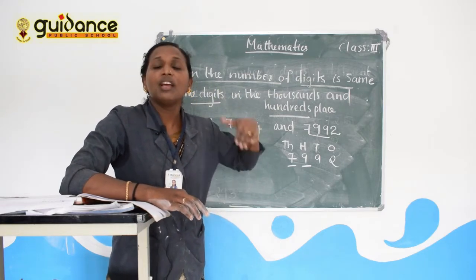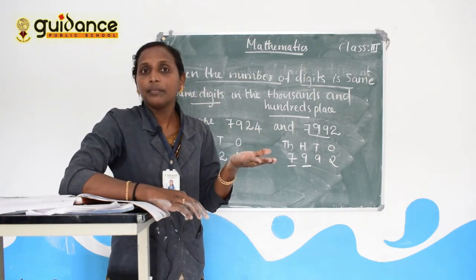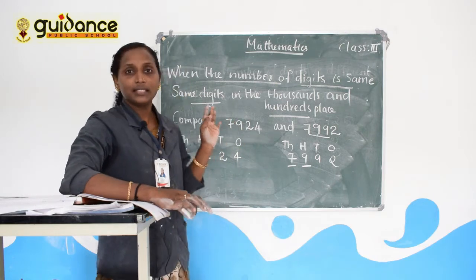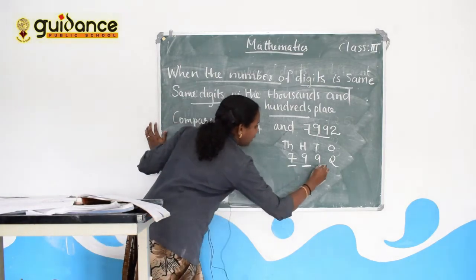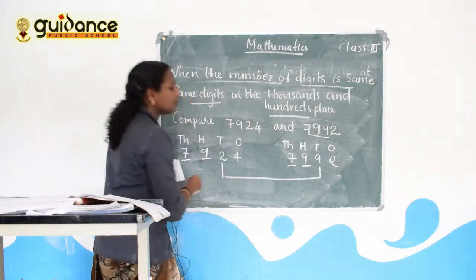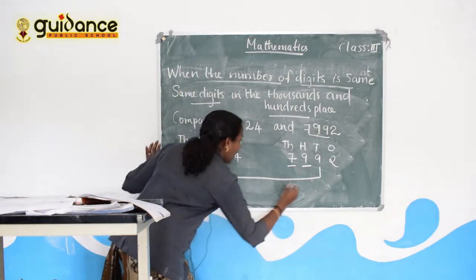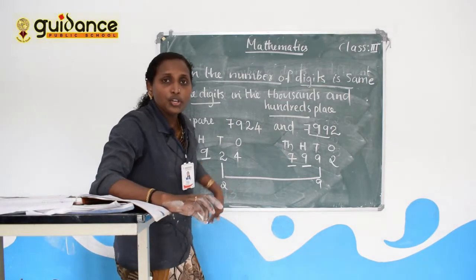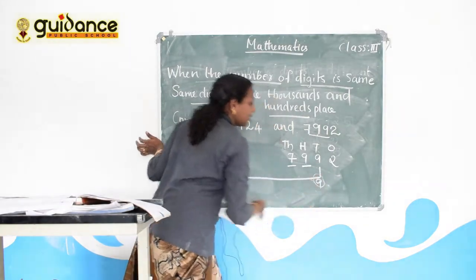At this time, we will go to the next step. That means we will compare the tens place. So look at the tens place. Here 2 and here 9. That means the tens places are different. Which is the greatest number, 2 or 9? 9 is the greatest number.